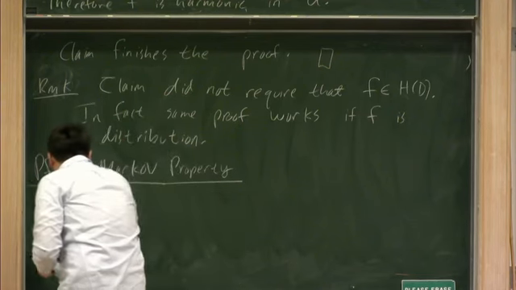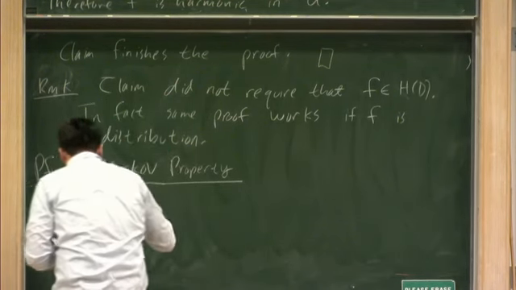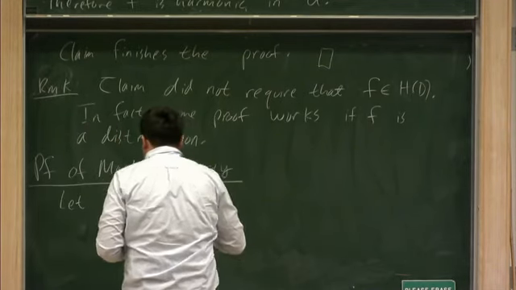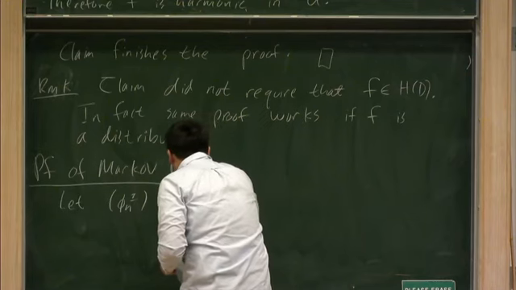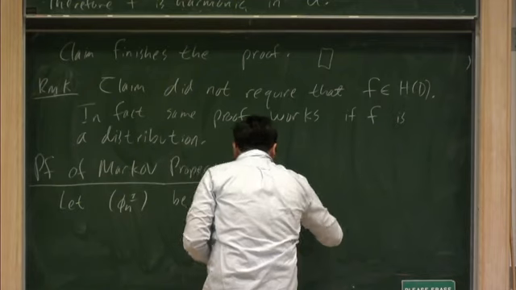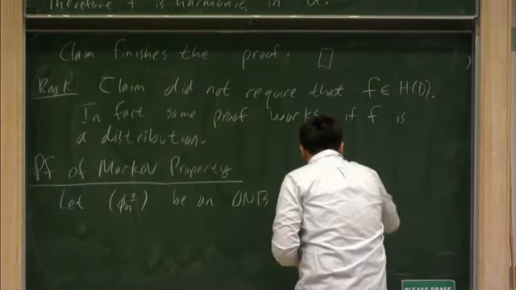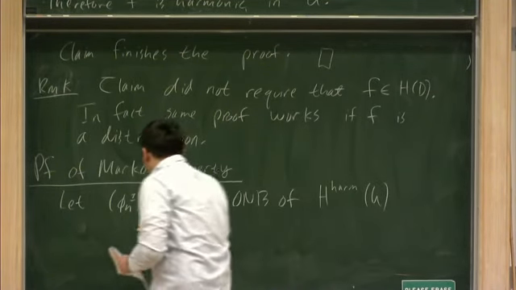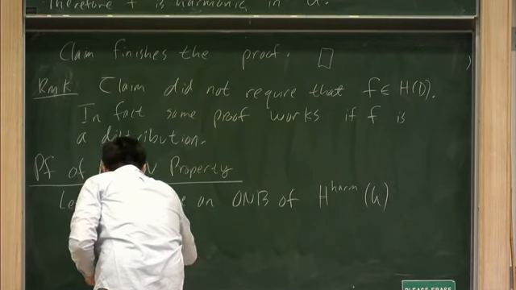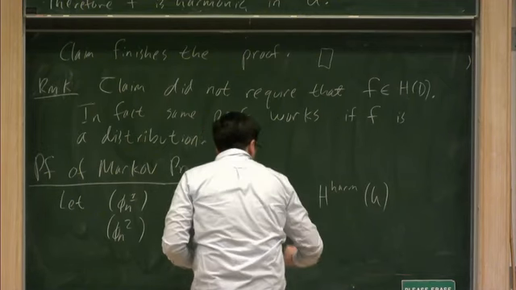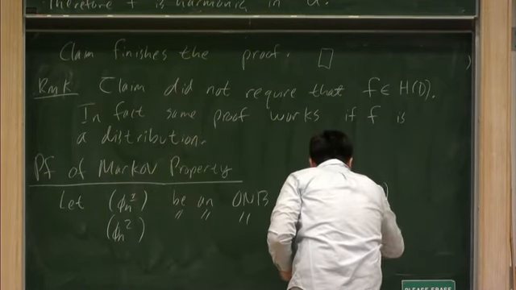So let's say we have, we're going to pick two orthonormal bases. So I'm going to let phi n1 be an orthonormal basis of H harm of U. And I'm going to let phi n2 be an orthonormal basis of H sup of U.